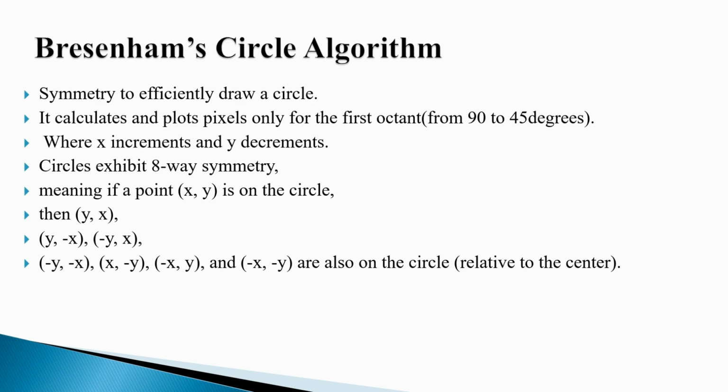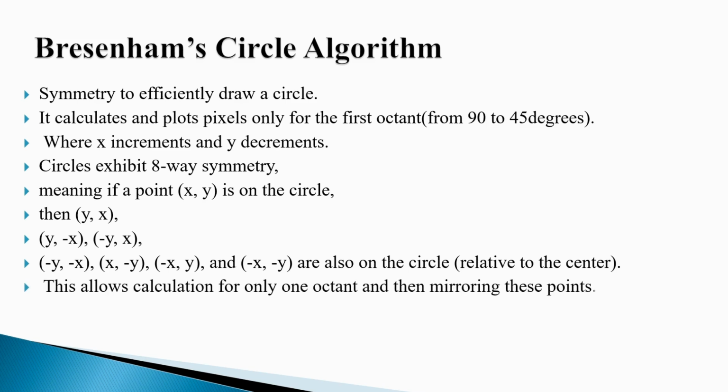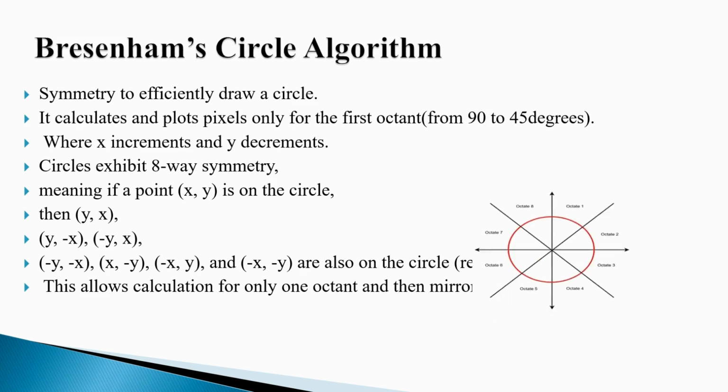This is how the 8 octants will be related to the center. So this allows calculation for only one octant and then mirroring these points. This is how it looks.